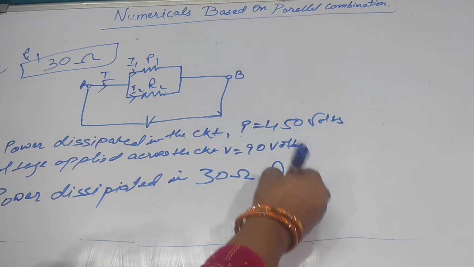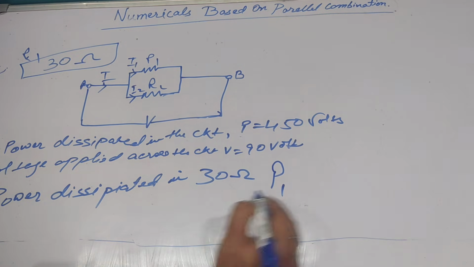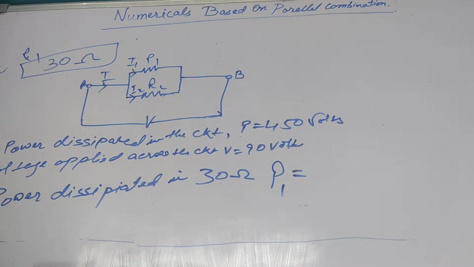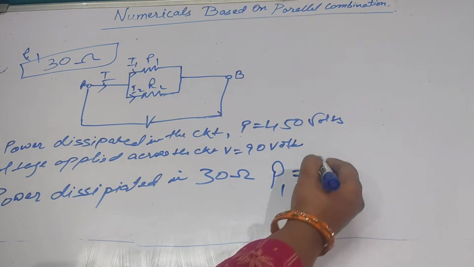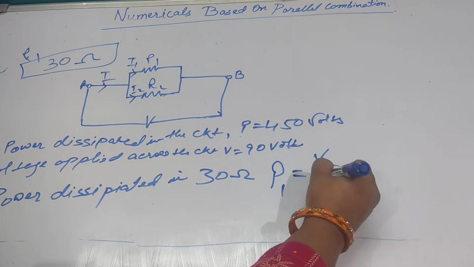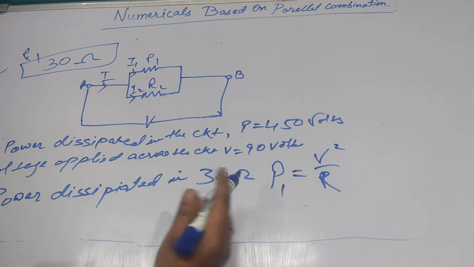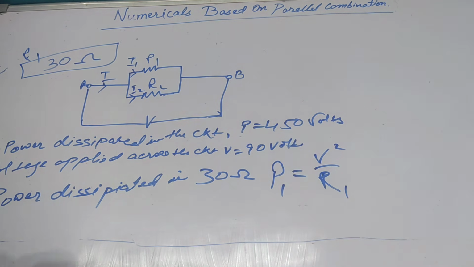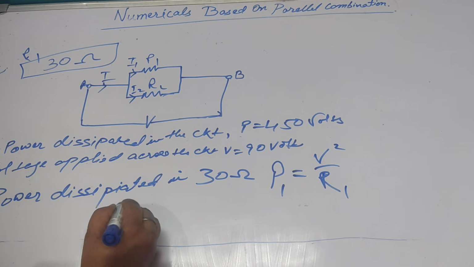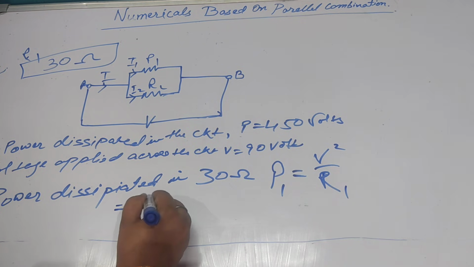We consider as P1. Yesterday I have given the formula for power also, V square over R. Here R1 and R2 are given, or we are finding R1, so we will write R1 over here. Just put the values.